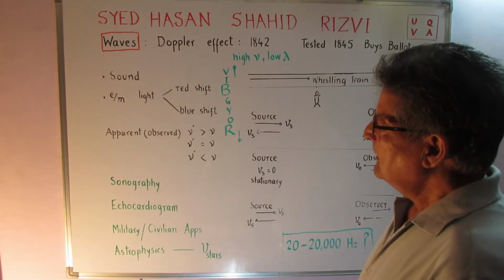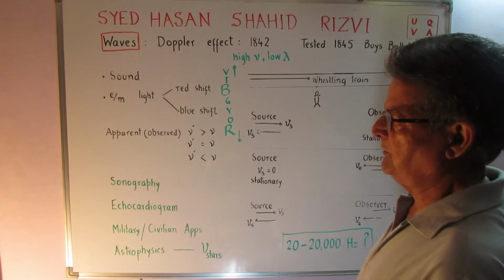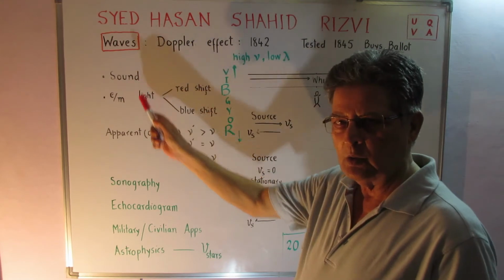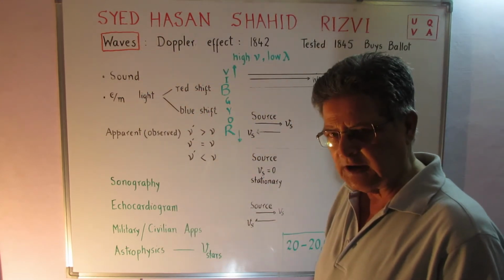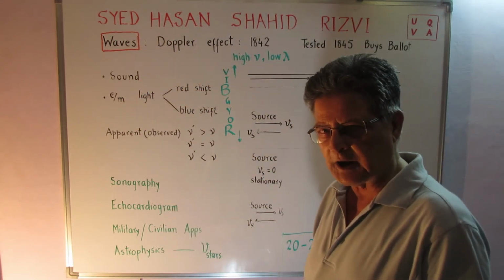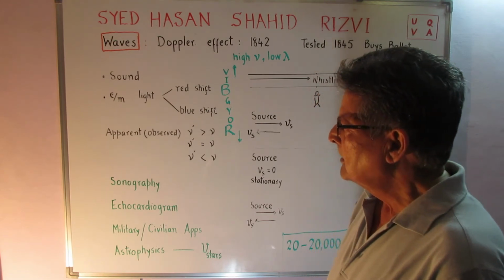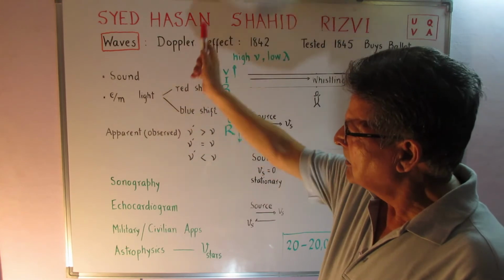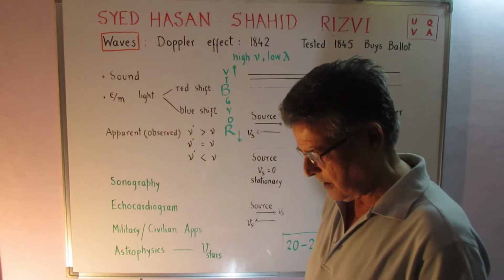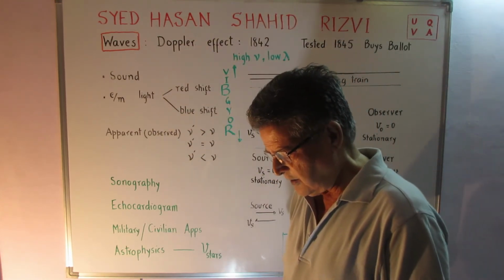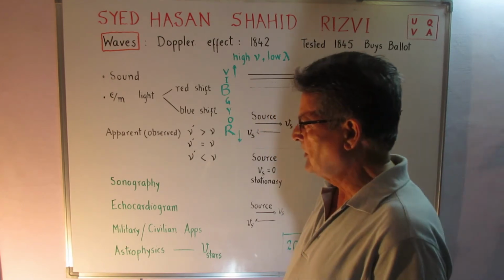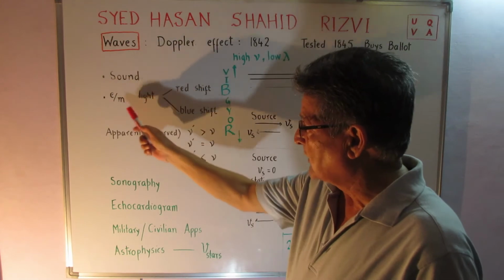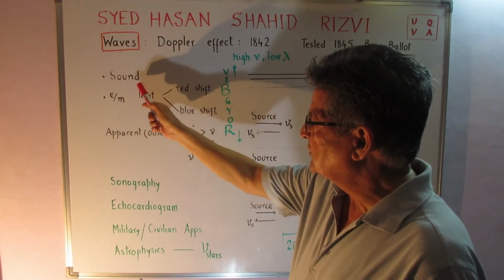So Doppler proposed an effect which is equally applicable to sound, which needs material media for its propagation, strings, air, which may be dry or wet, whatever. And the electromagnetic waves, which consist of light.